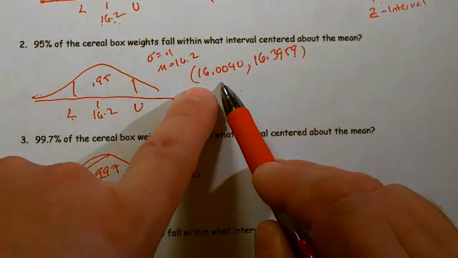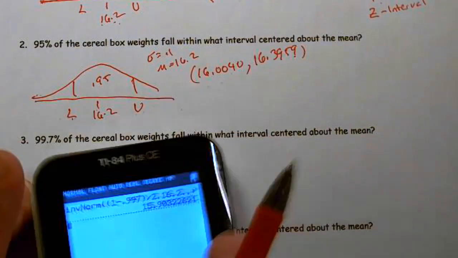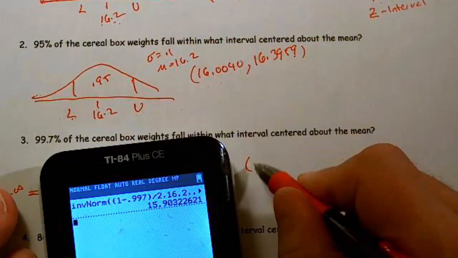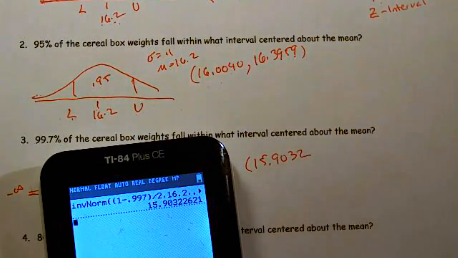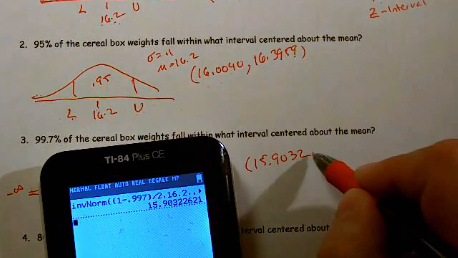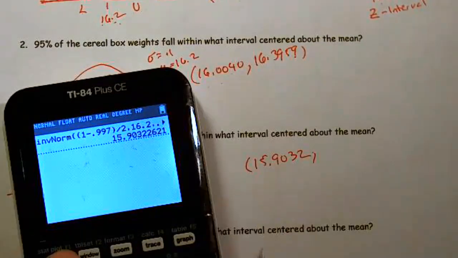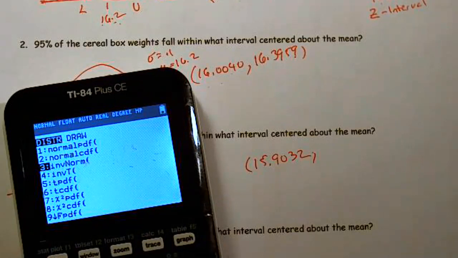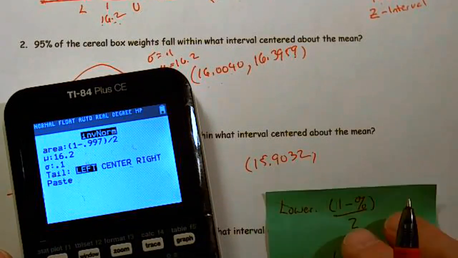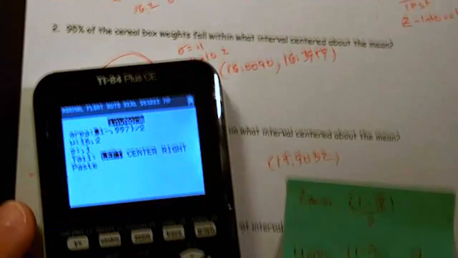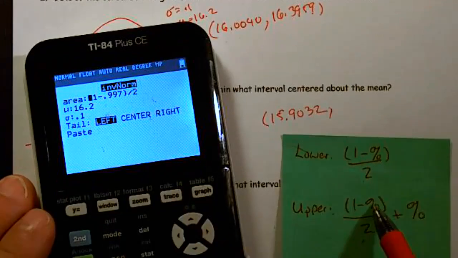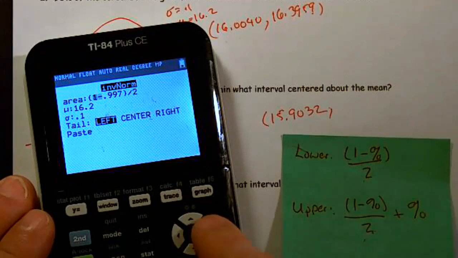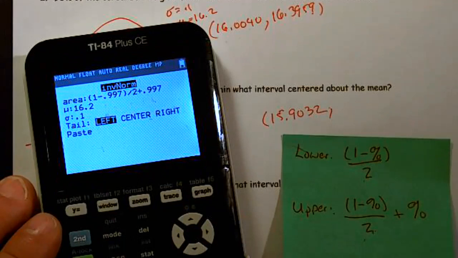Well, guess what? That is definitely smaller than that. All right. So that's good because we need to be a little bit smaller. So we have 15.9032. And now we need to go do the upper one. So second vars inverse norm, one minus 0.997 divided by 2 plus the 0.997.